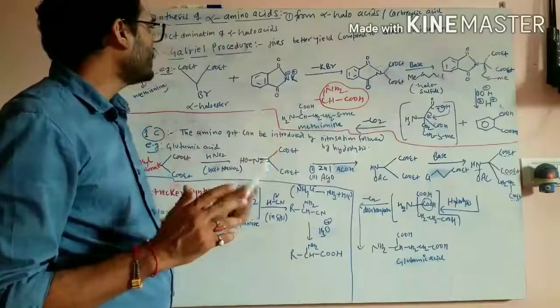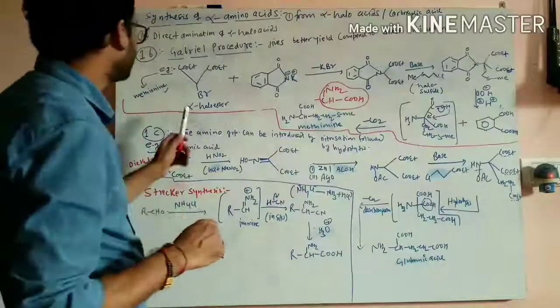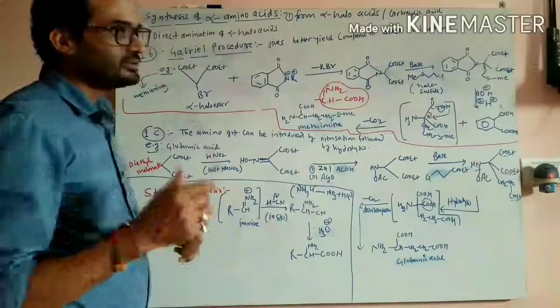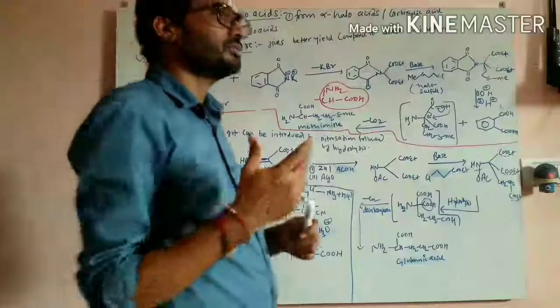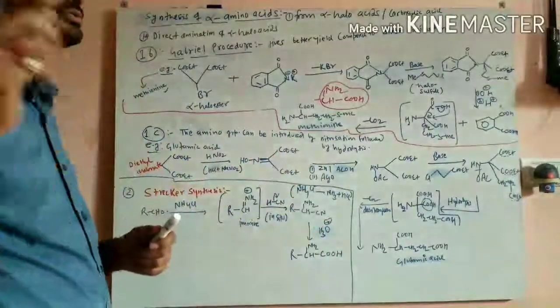Now I am starting this synthesis from this alpha haloester. What is this alpha haloester? Actually, it is obtained from a carboxylic acid. This is a dicarboxylic acid, malonic acid, COOH CH2 COOH.